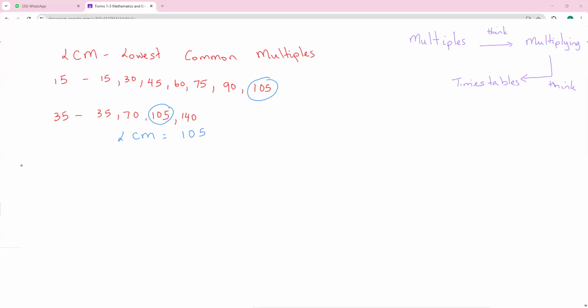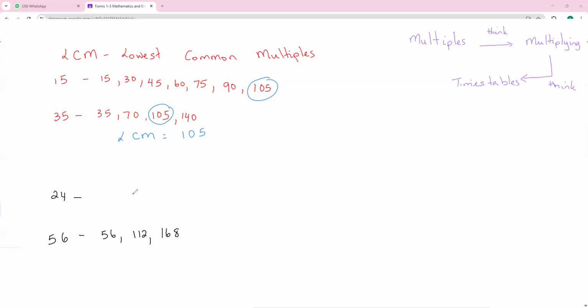So let's say they gave you 24 and 56 to find the LCM. What you can do is do a few of the bigger numbers first. Not too far. So 56, add 56, that's 112. Add 56, that's 168.